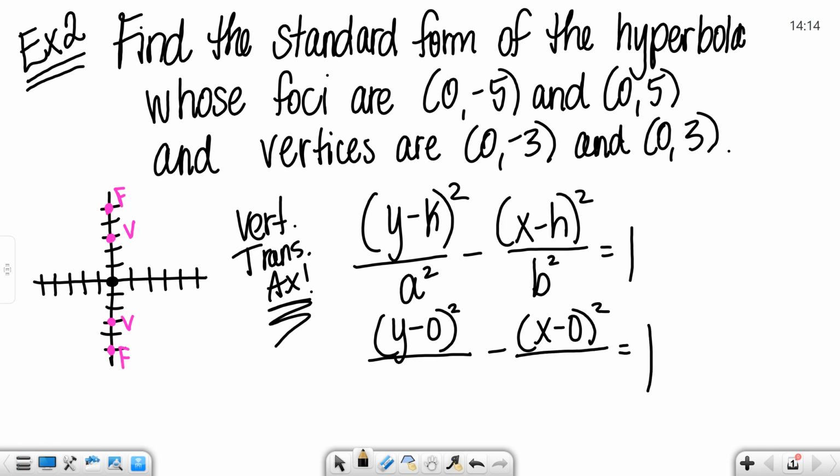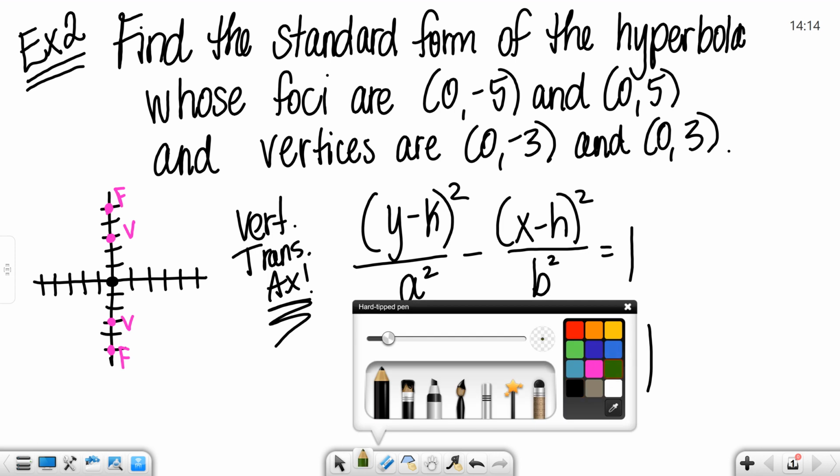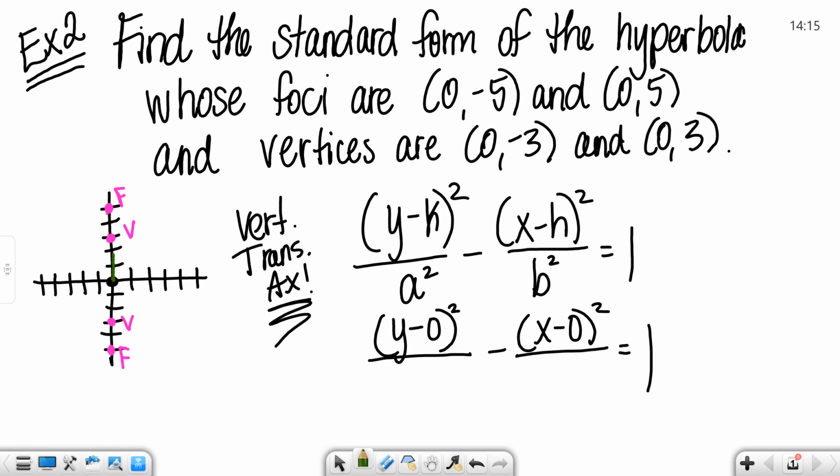Now I need to know my a squared and my b squared. Let's look at the diagram up here. The distance from the center to a vertex is a, so we know that a is 3, which means a squared is 9. So 9 is going to go right here.